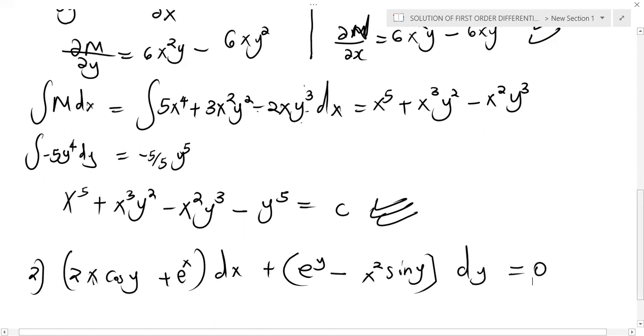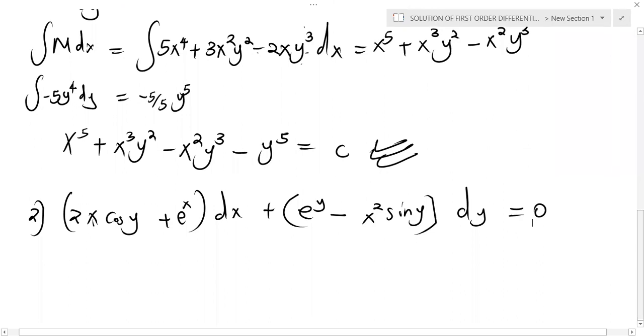So let's first of all start by identifying what our M and N are. The equation is M dx plus N dy is equal to 0. So this is obviously our M and this is obviously our N.